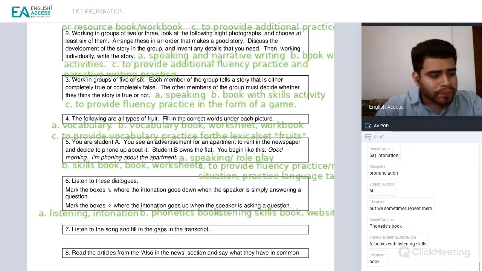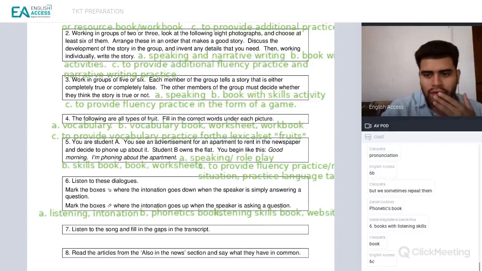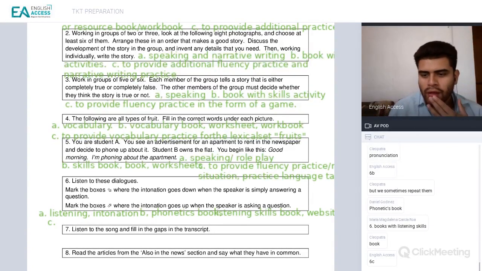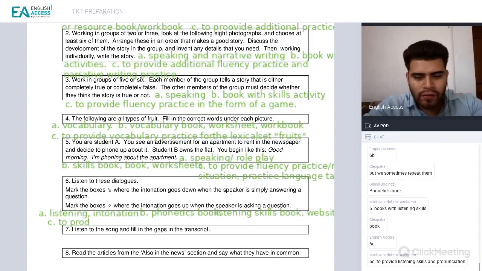And now C, what is the teacher's aim or reason to use this? 6C. To provide, very good.